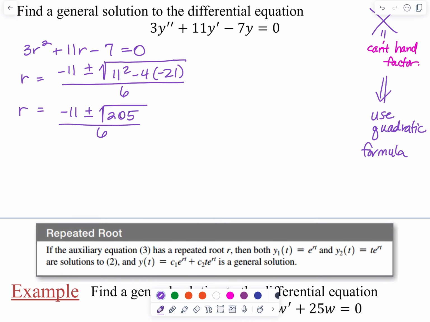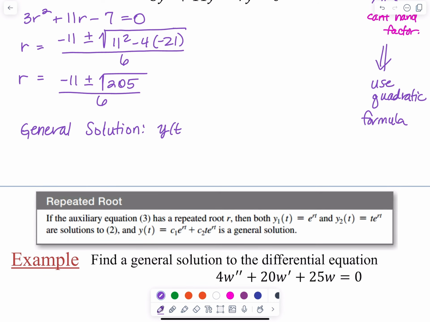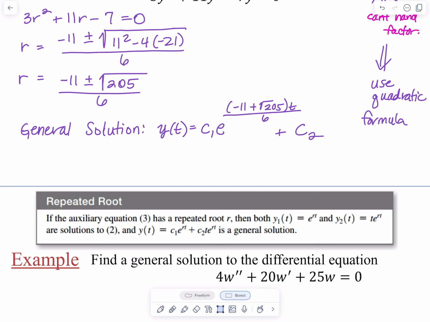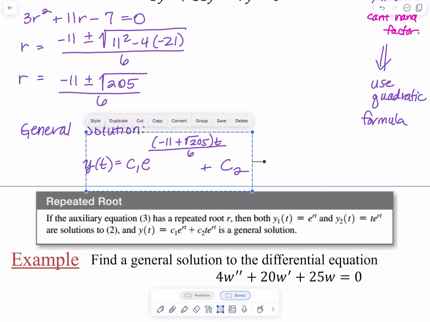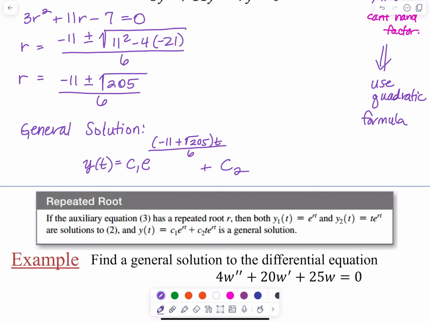So now we have our general solution: y of t is equal to c1 e to the negative 11 plus the square root of 205 times t all over 6, plus c2 e to the negative 11 minus the square root of 205 times t all over 6.